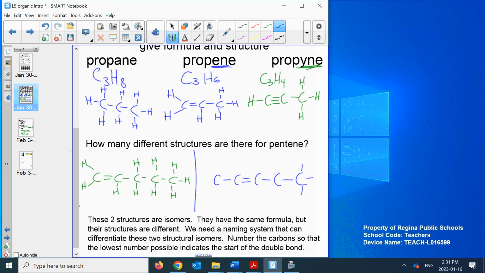I'm going to do 4 bonds per carbon, as we were doing before. 1, 2, 3, 4. 1, 2, 3, 4. Right now, for this part, later on it makes a difference, but I'm not worrying about whether the extra hydrogen was on the top or the bottom as far as the double bonds.